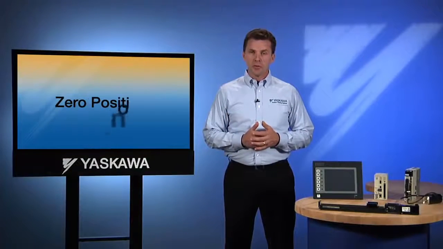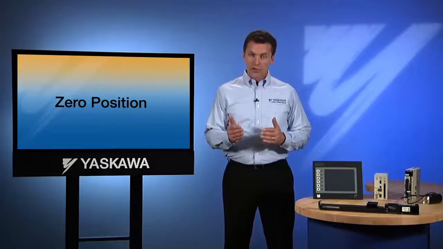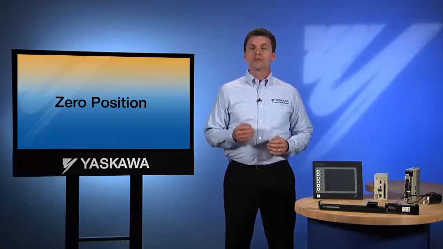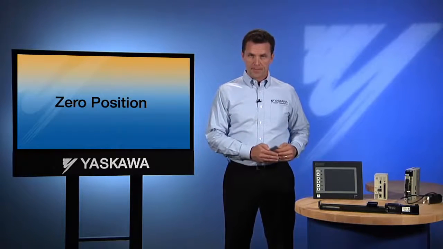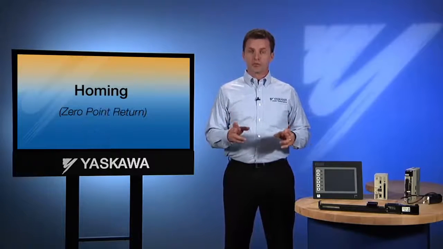Absolute positions and moves only make sense when compared to the absolute position which the controller has identified as 0. The machine requires a repeatable method to find this 0 point. This method is often called homing, or 0-point return.